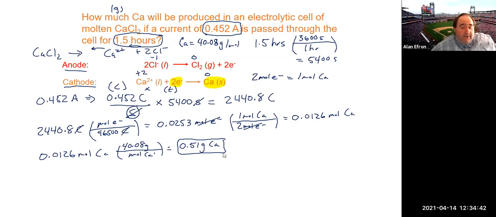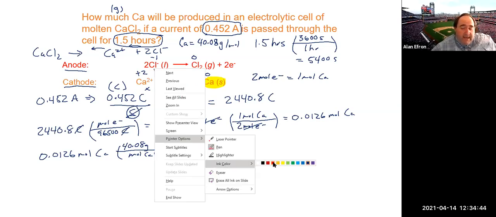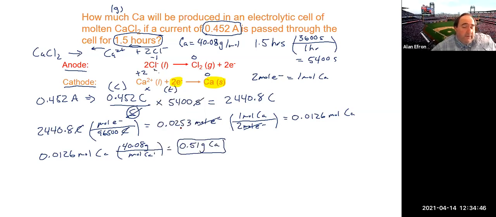Now, could we also figure out how many grams of chlorine we would produce? We could. It would be the same idea. We would pick it up right here with our moles of electrons, the 0.0253 moles of electrons.